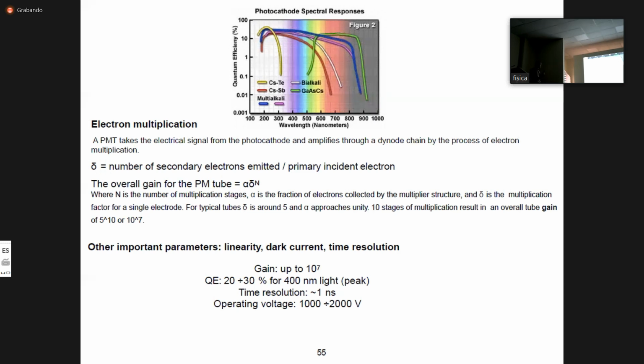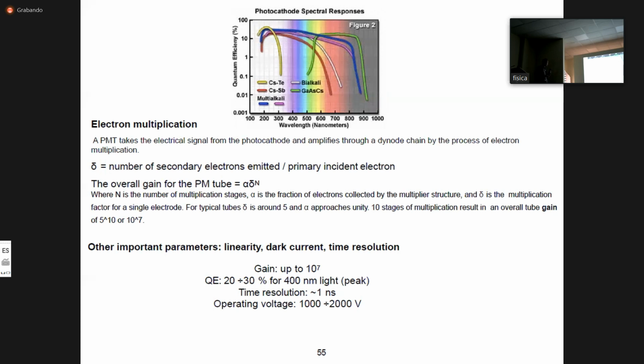That is why this quantum efficiency depends on the wavelength of your photon. And operating voltage, as I said, is usually from 1000 volts to 2000 volts.